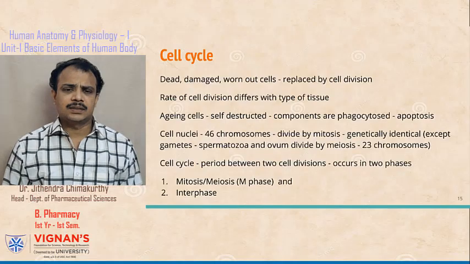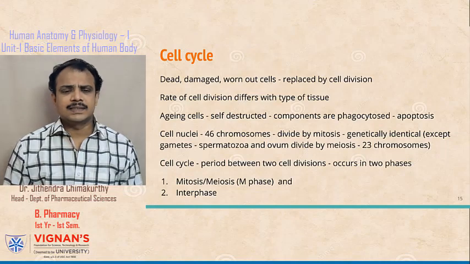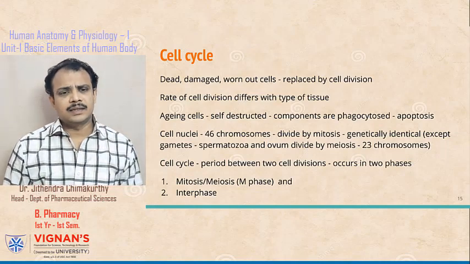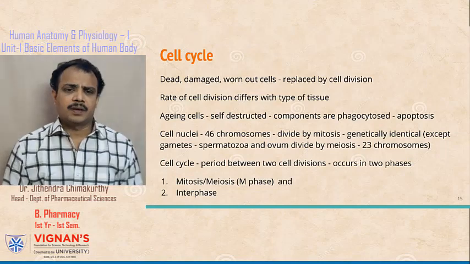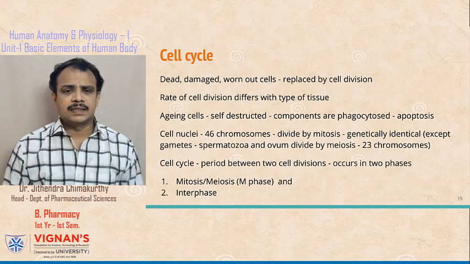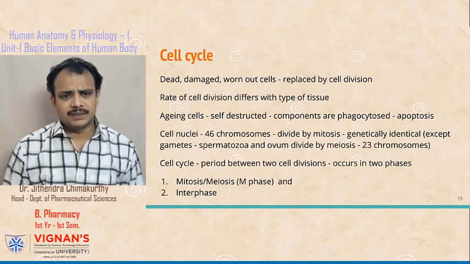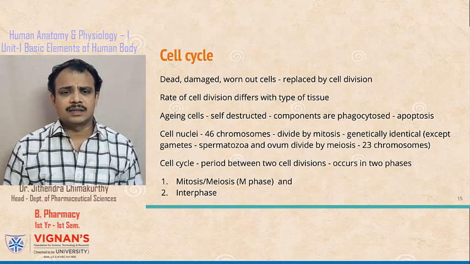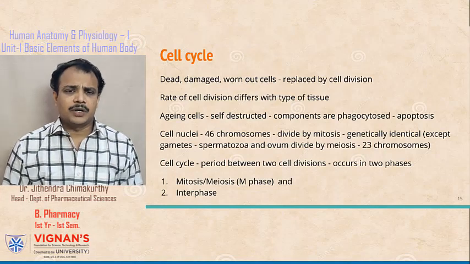In today's class, we will see about cell cycle and cell division. We know that the dead and worn out cells are to be replaced. It means new cells have to come in their place, and this occurs by cell division from similar cells throughout the body.